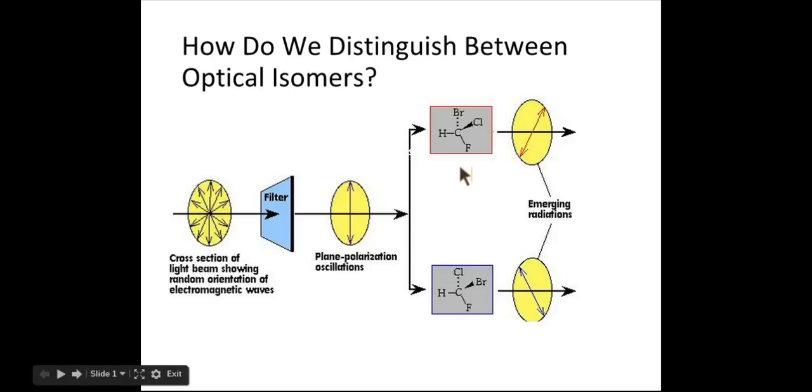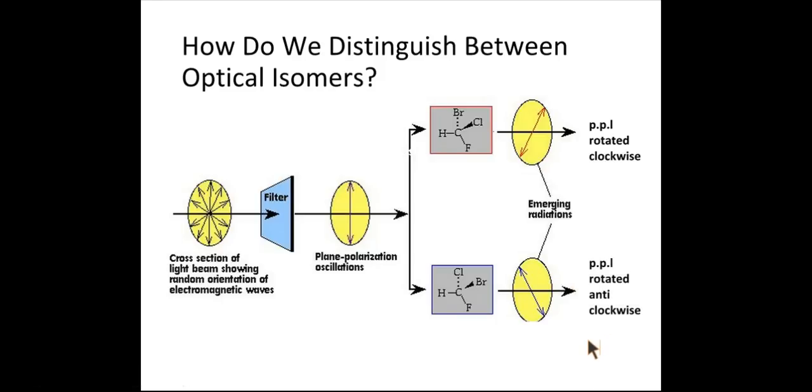Remember, these are non-superimposable mirror images of each other, and hopefully what you can appreciate is one of the isomers, in this case the red one, is rotating the plane polarized light in a clockwise direction. The other isomer, the blue one in this case, is rotating the plane polarized light in an anti-clockwise direction.